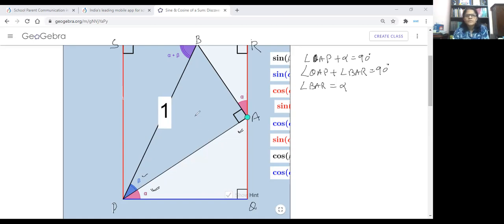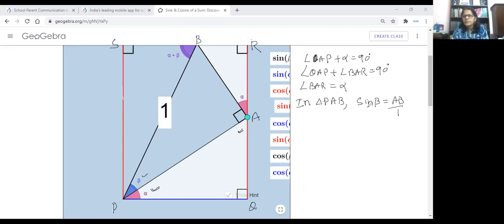Okay. Now let's focus on each and every triangle to get all the sides, so that we can get sin A, sin B, sin alpha, sin beta, everything. Let's begin with triangle PAB. In triangle PAB, sin beta equals P by H, that is AB by 1.